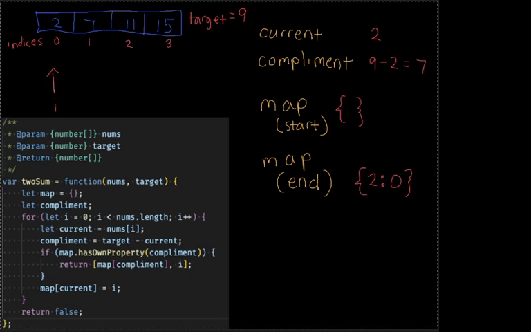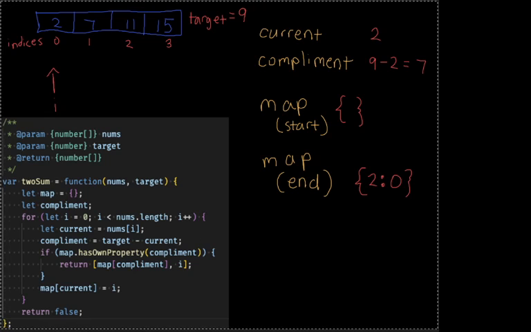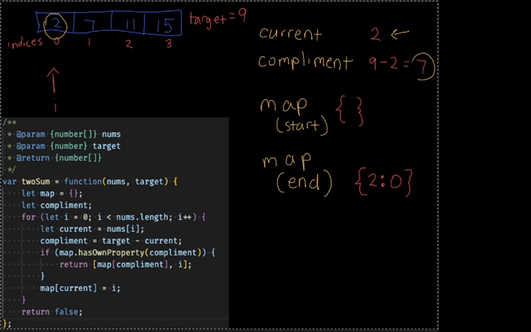When i equals 0, we see that the value for that is going to be 2. And so we mark that over here in our variable side. The complement is going to be 7 because 9 minus 2 is 7.